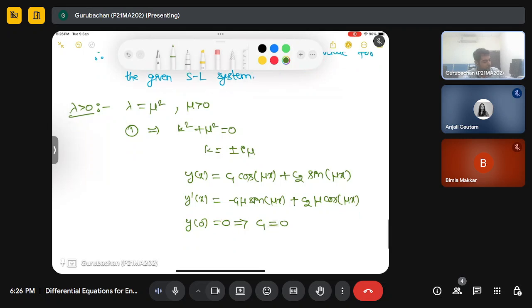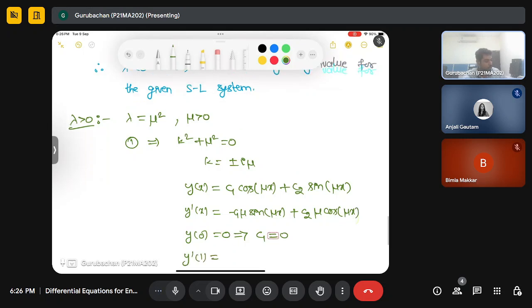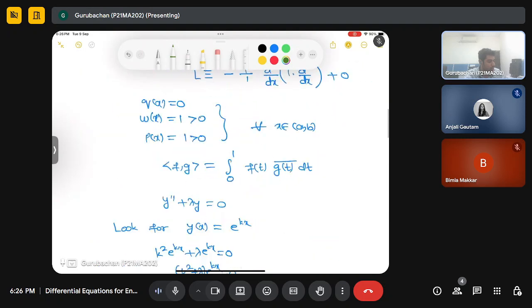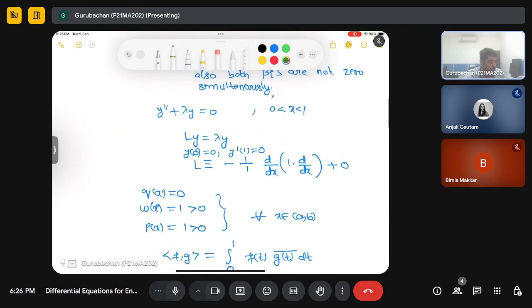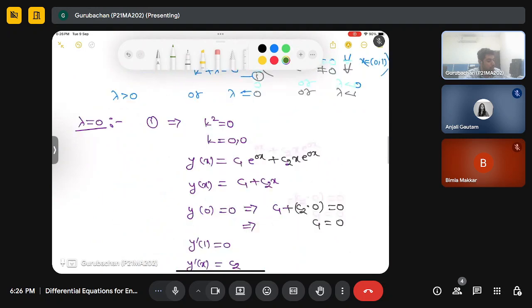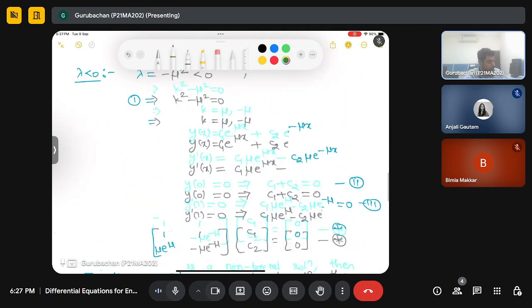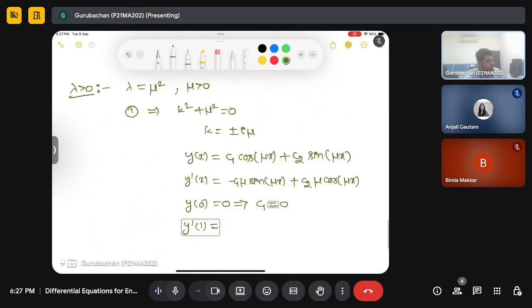Next we have been given that y dash 1 is, is it 1 or is it pi? Let me check it. Y dash 1 is 0. That means since C1 is 0, we are left with C2 mu cos mu is 0.